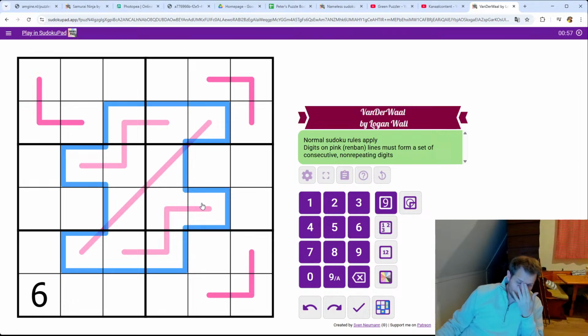Although those are 3 lines within 4 columns or 4 rows. So it's not enough.